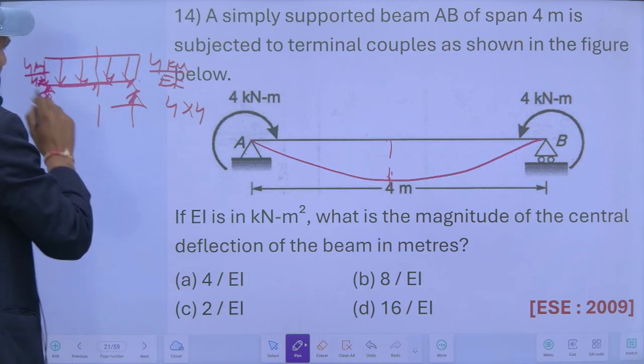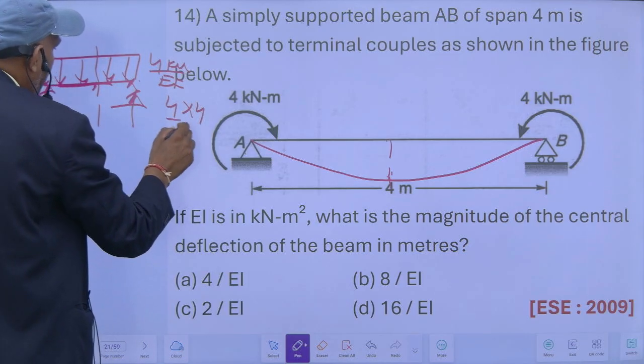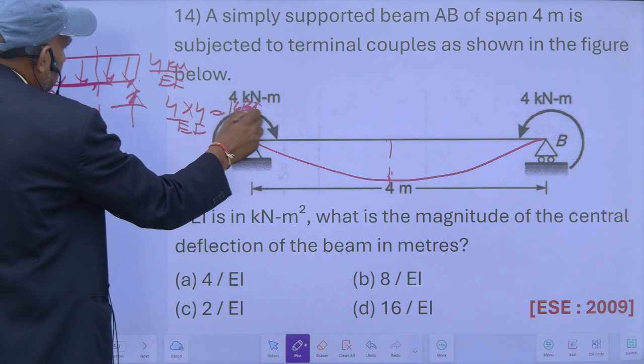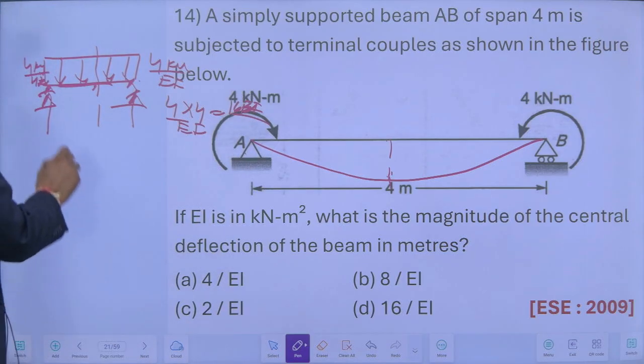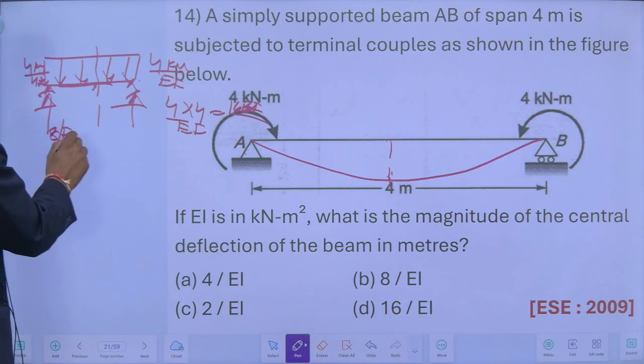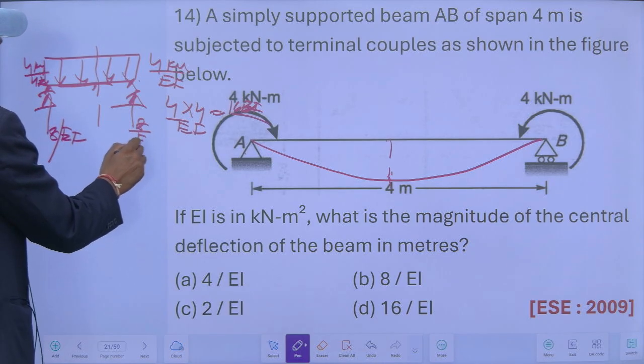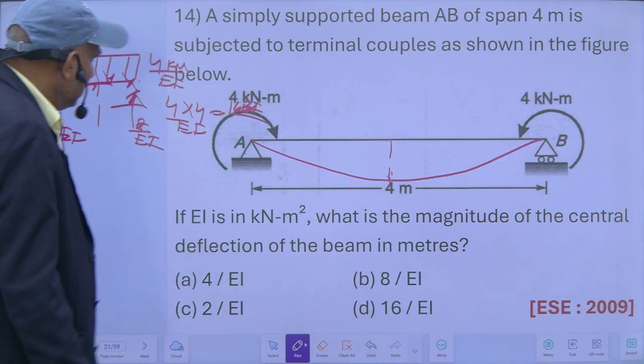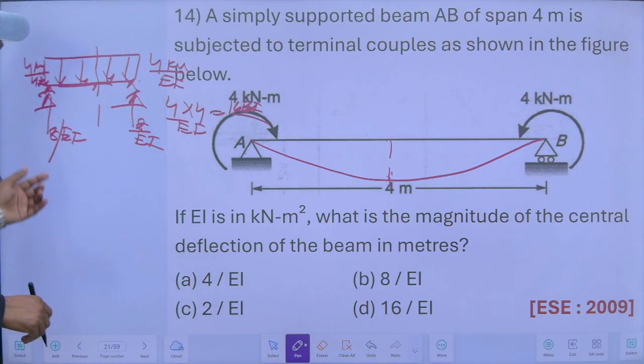So 16 upon EI is the total load. So this will be half, 8 upon EI and 8 upon EI. 4 into 4 is the total load, so this reaction will be half of this, so it will be 8 upon EI.